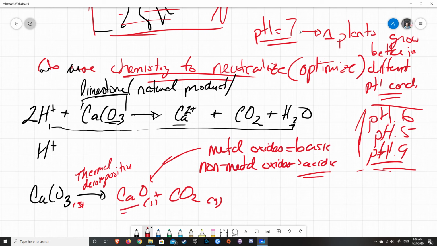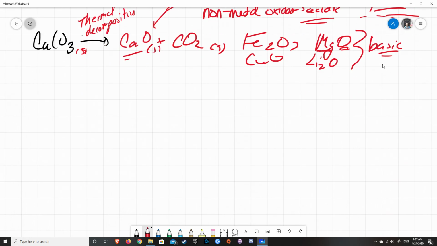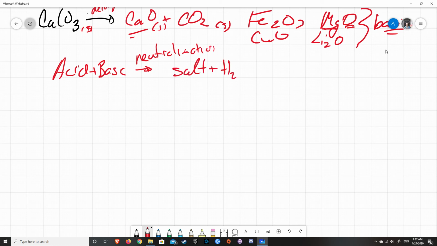So this is a metal oxide. Iron oxide, copper oxide, magnesium oxide, lithium oxide are all metal oxides, and these are all basic. And as we know from the last lesson, an acid plus a base undergo a reaction called neutralization, and they create a salt and water.